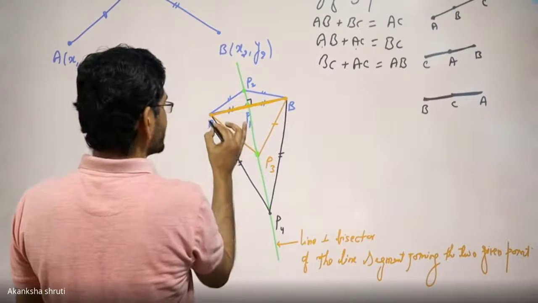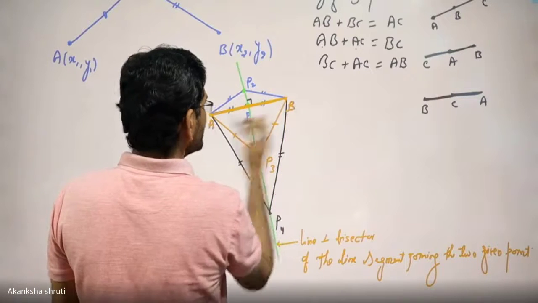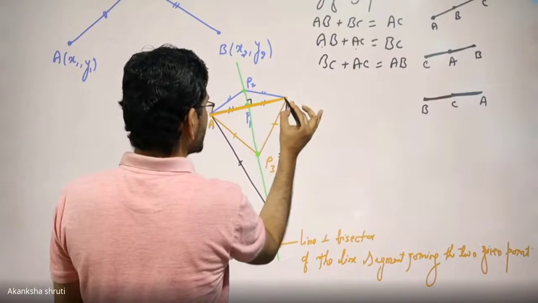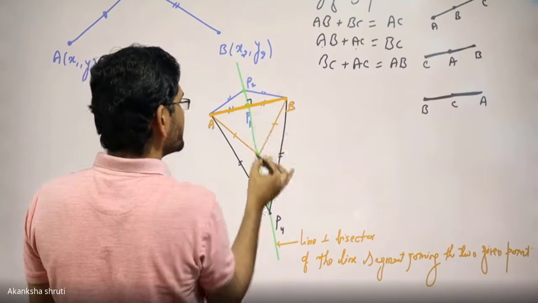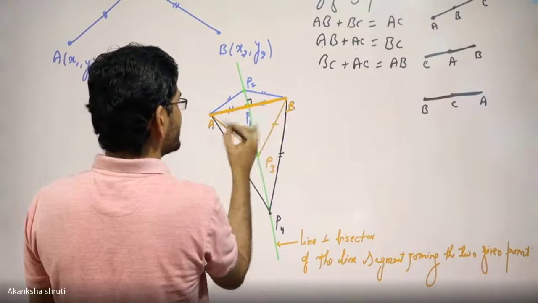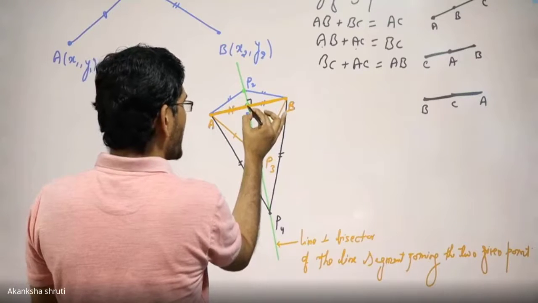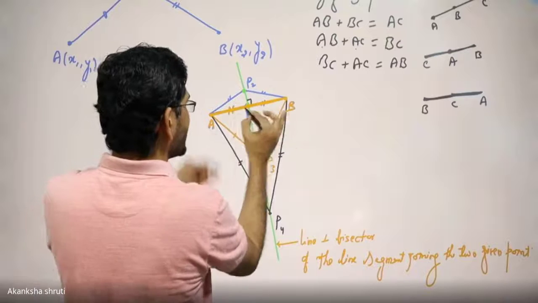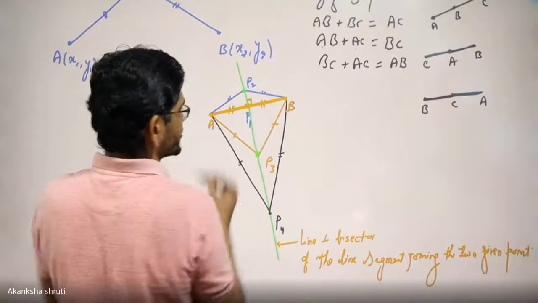We were given the points A and B. Joining AB, we get this line segment, and then the perpendicular bisector of this line segment. Perpendicular bisector means the line has to pass through the midpoint of A and B, and it must make 90 degrees.